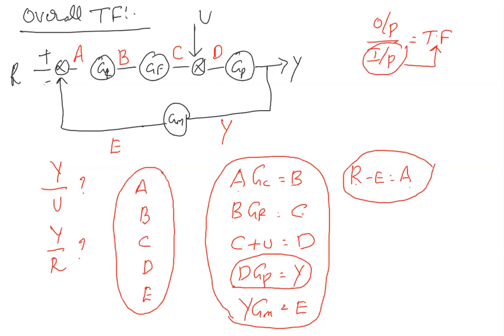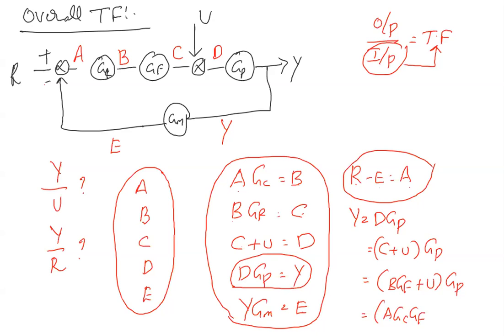Maybe I will do it here itself so that I can look at the equations. So Y is D GP. What is D? C plus U into GP. What is C? B GF plus U into GP. What is B? A GC, plus U into GP. What is A?